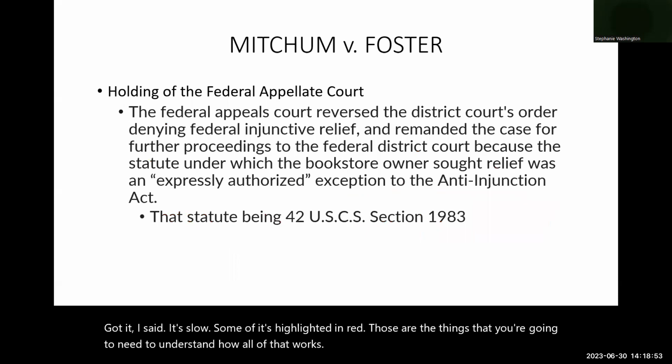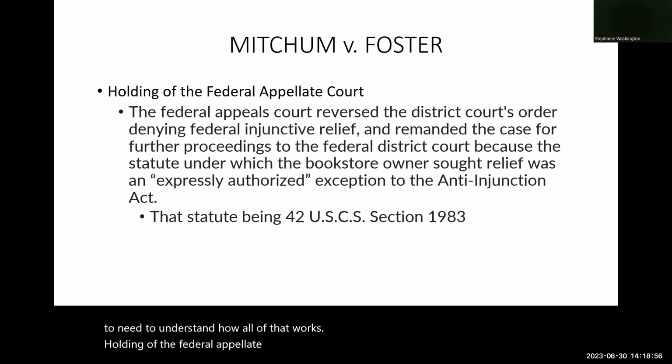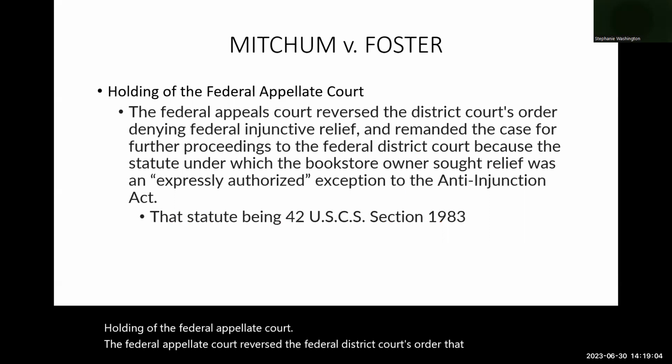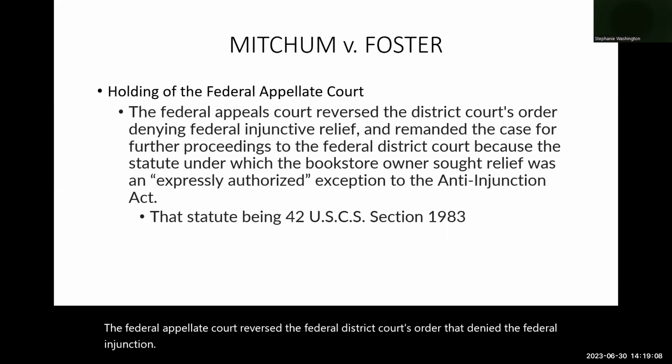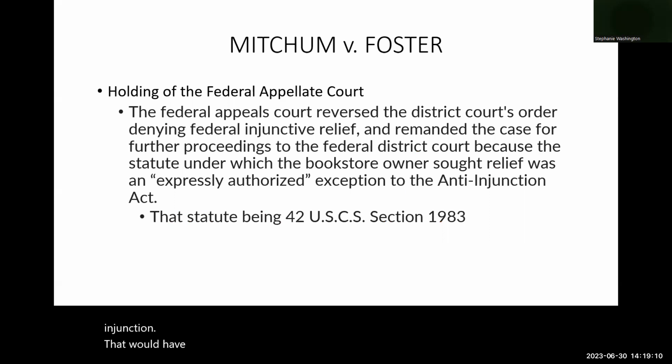Holding of the federal appellate court. The federal appellate court reversed the federal district court's order that denied the federal injunction that would have enjoined the state court proceeding. And the federal appellate court remanded the case back to the federal district court for further proceedings.